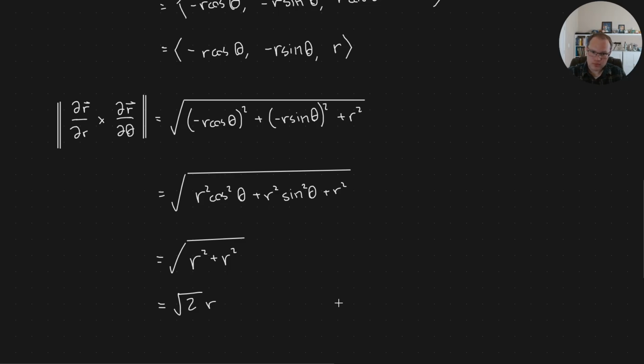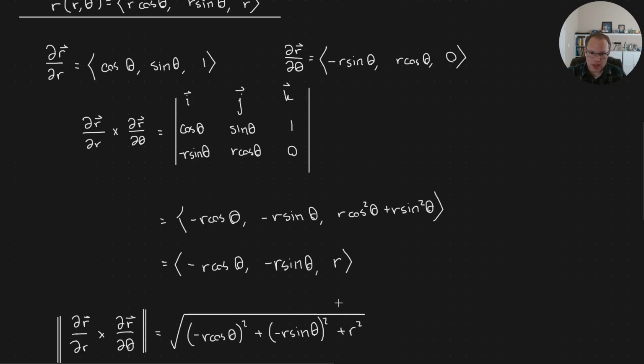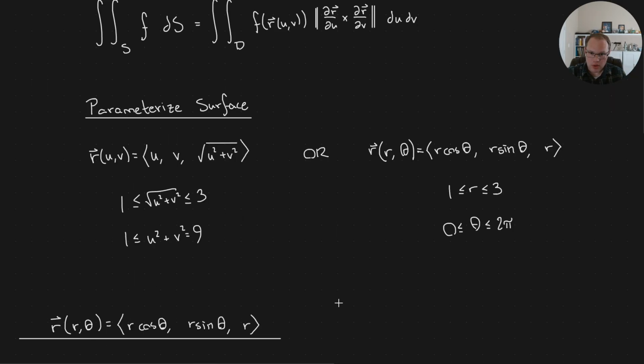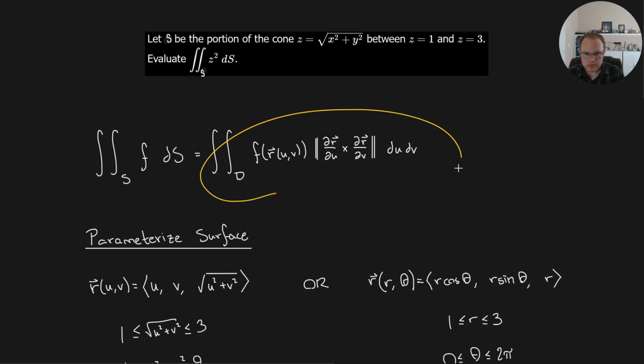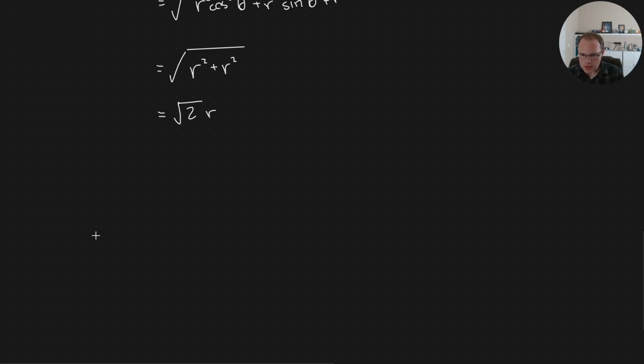Okay? All right. I have everything I need to plug into the formula now. Where did I write the formula? Right here. Okay? So I'm going to get the double integral over my region, I'll think about that in a moment, of my function evaluated along my surface.